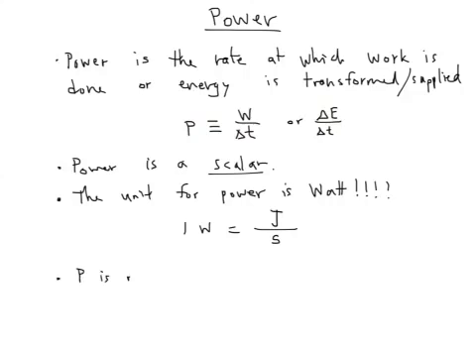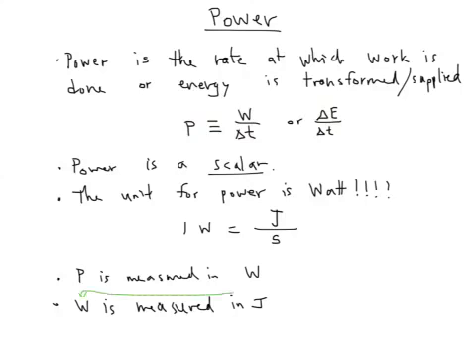Power is measured in watts. Work is measured in joules. So you really want to make sure you don't get confused by the fact that there's 2 different W's here.